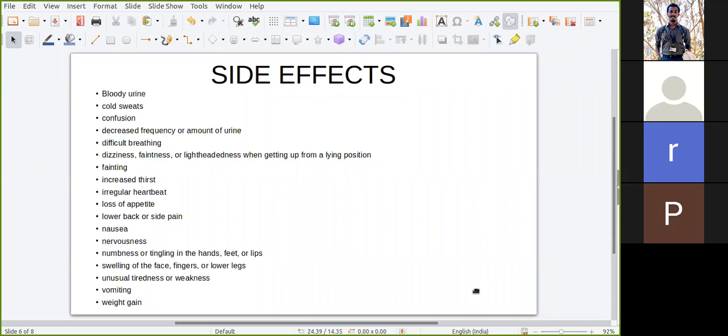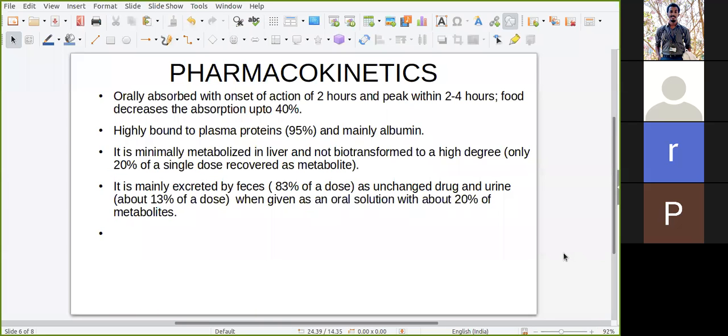And sacubitril has a separate mechanism. I'm not sure actually. I didn't read about that, but whatever you are talking about is a combination. I'm talking about monotherapy here, and I think the difference will be in the potency.